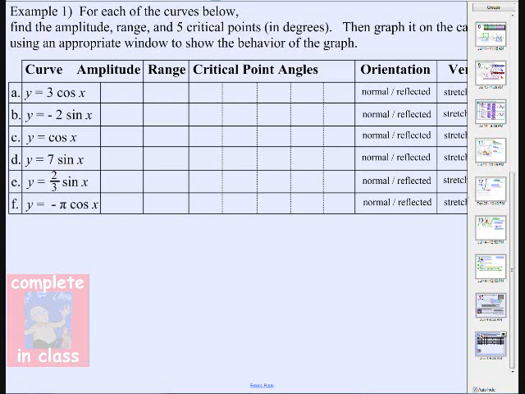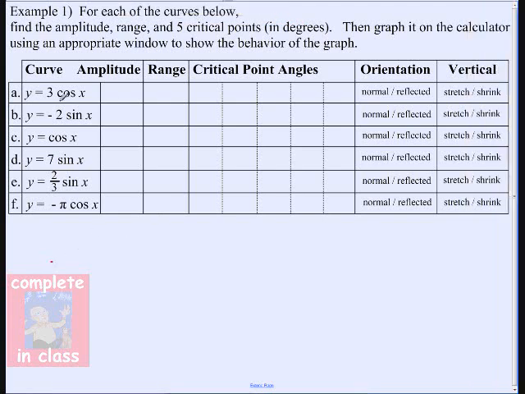This is the piece that you need to be starting on. What I'd like you to do here, we can start one, is fill out all of this. So the amplitude on this one would be 3.